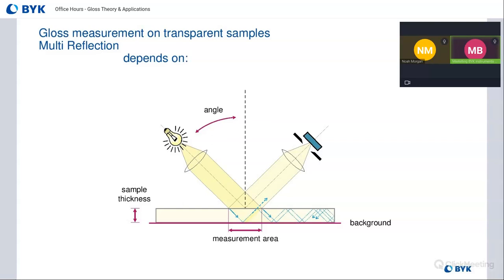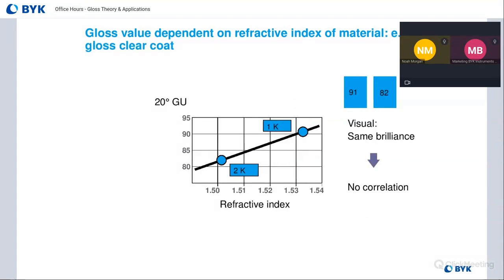We have another question. What do visual gloss values mean? I believe you're referring to this slide here. I mentioned visual gloss, and what that was saying is that visually, when looking at these two samples in this example, they both look exactly the same. You won't be able to tell a difference. There's really no such thing as a visual gloss value, because you can't assign a value to what you see, because everybody sees things differently.